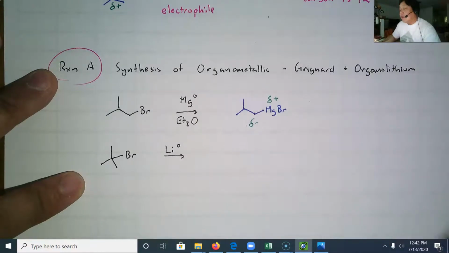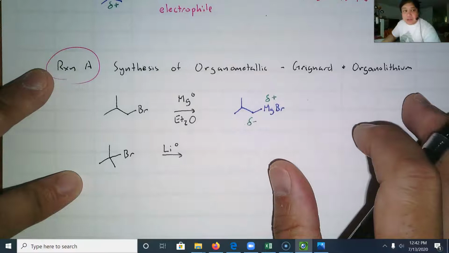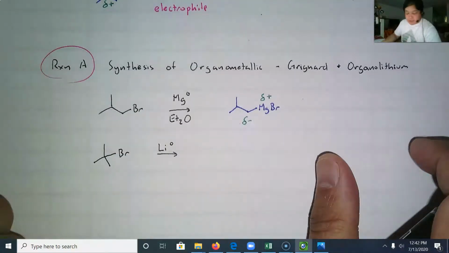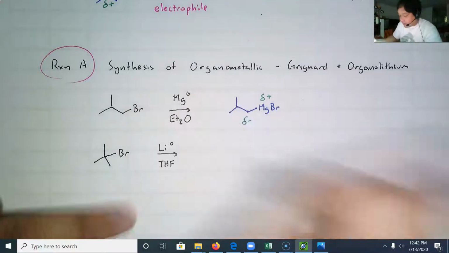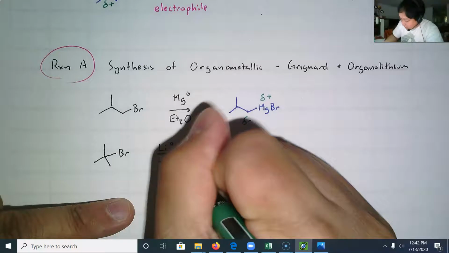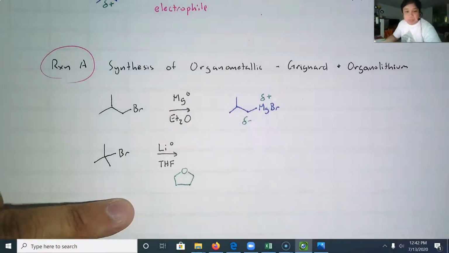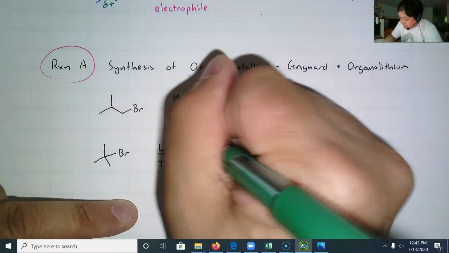Another solvent that you can use to make the Grignard or the organolithium reagent is THF. That's tetrahydrofuran. And if you forgot what that looks like, it looks like this. It's an ether. This is also an ether. Diethyl ether looks like this.